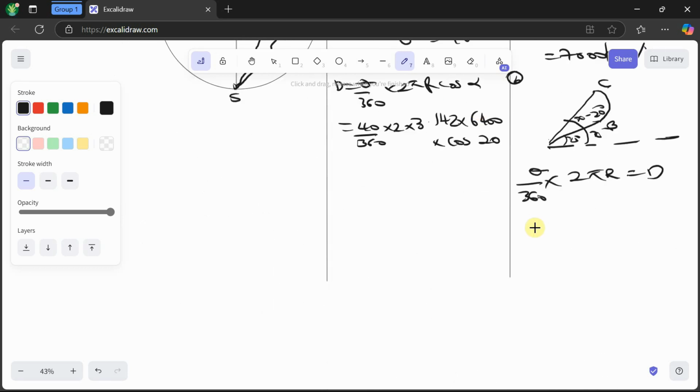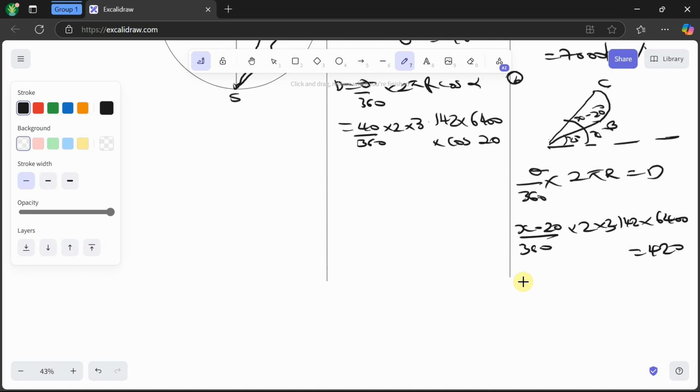So let's now do it. That will be x minus 20 over 360 times 2 times 3.142 times 6,400 is equal to 420. So let me resolve this side. That will be 2 times 3.142 times 6,400 divided by 360.